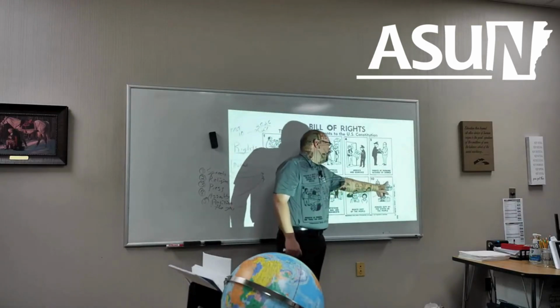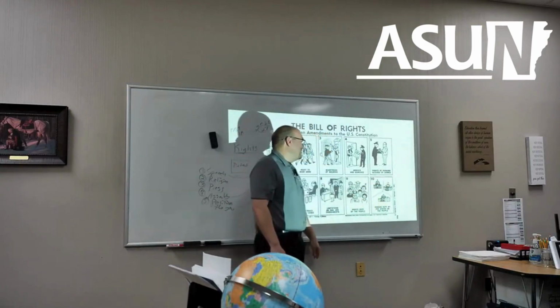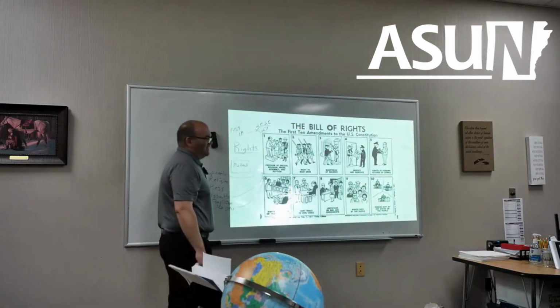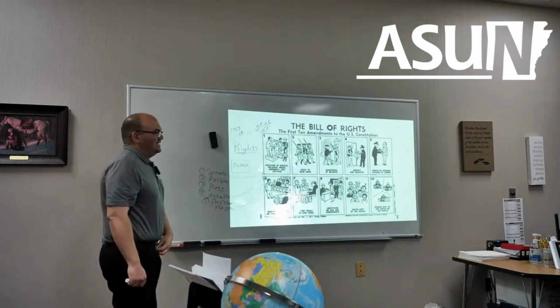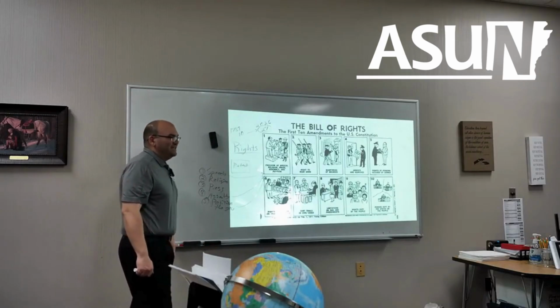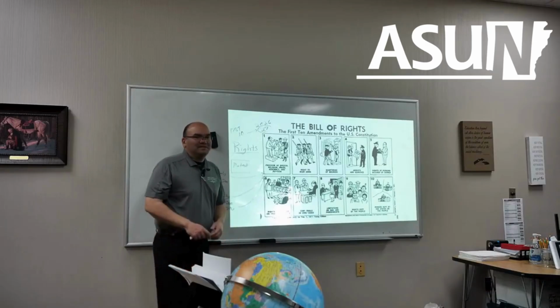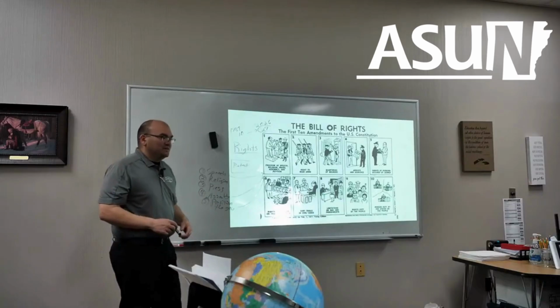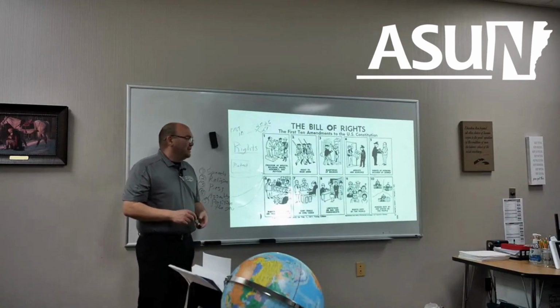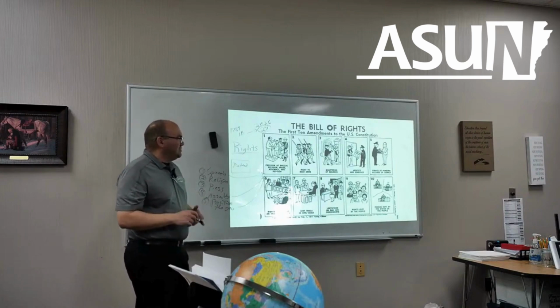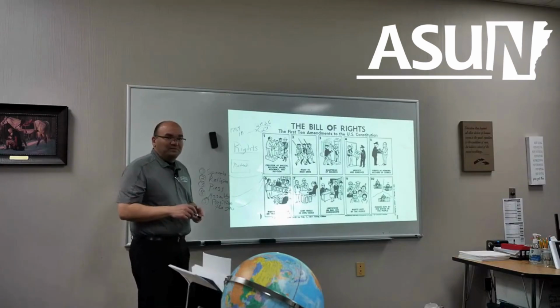This 10th one, man, this 10th one's going to cause some issues throughout our history. Pretty much the 10th one says that if it's not in the Constitution, it's up to the states. All right. So slavery is going to fall underneath that. The right for women to vote fell underneath that.